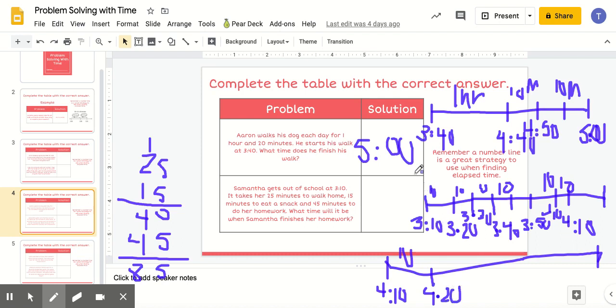Okay, so right now if you count, we've got 10, 20, 30, 40, 50, 60, 70, and then 80 would be, if I added 10 more, would be 4:30. And then remember we have that extra 5 minutes. So if I add 5 to 4:30, then I have 4:35. So your answer for this one is 4:35.